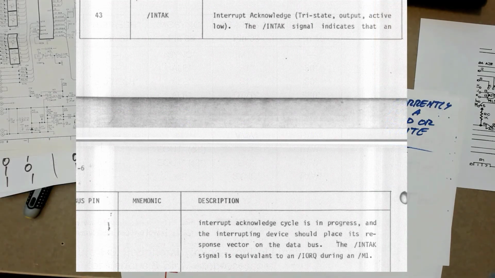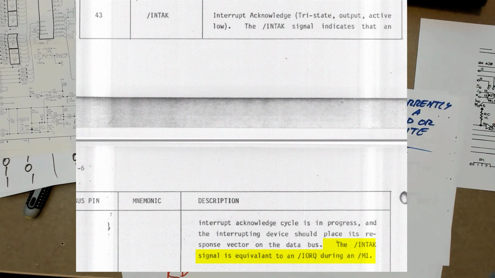In this MOSTEC datasheet, they avoid any real pencil to paper exercise or positive negative confusion by avoiding it altogether and essentially stating things in kind of a kit form, where it's up to you to decide how to assemble the kit. For example, they say the interrupt acknowledge active low is equivalent to an IO request during an M1.